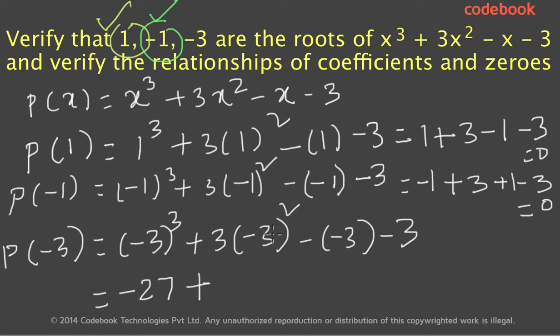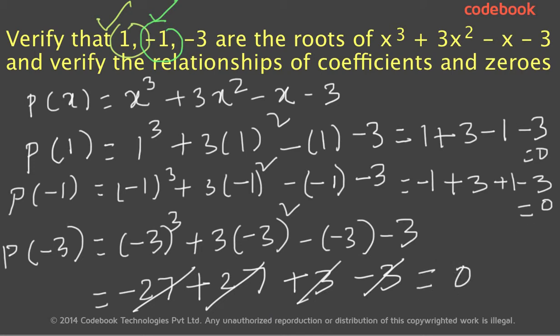Minus 3 whole square is nothing but minus 3 times minus 3, which is 9. 9 times 3 is 27 and minus of minus 3 is plus 3 and you have minus 3. Minus 27 and 27 cancels out and 3 and minus 3 cancels out, which is also equal to 0. So p of minus 3 is 0, which means minus 3 is the root of this cubic polynomial.